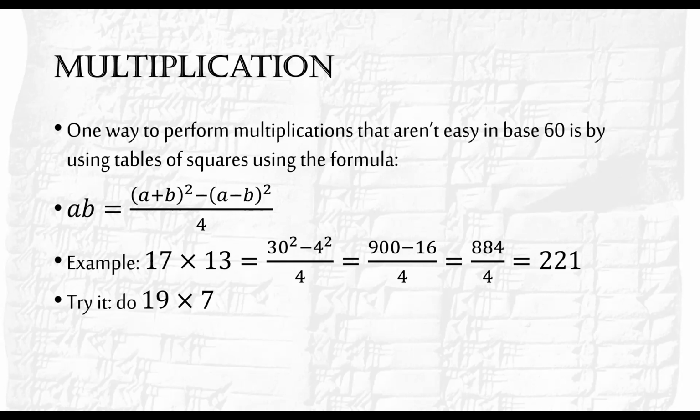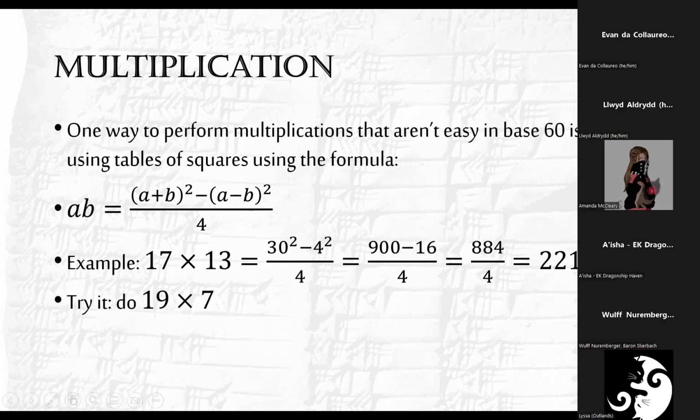Yes, you can leave the answer as a fraction, but it should turn out to be a whole number. Since 19 and 7 are natural numbers, the answer should be a natural number as well. Let me know when you have it. Got it. Okay.